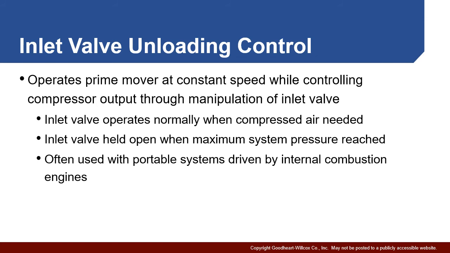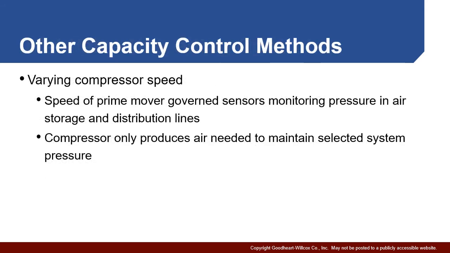So while there's a certain amount of inefficiency because the prime mover is being operated not doing anything, unlike the bypass system, which actually generates a lot of high pressure air and we just dump it, this one avoids that by not generating the high pressure air when it's not needed.